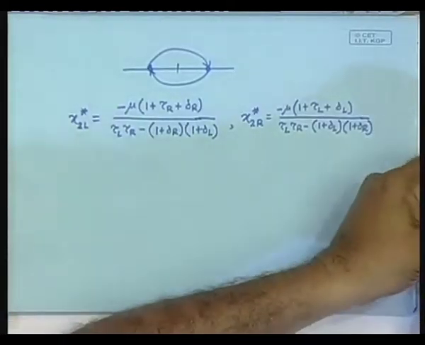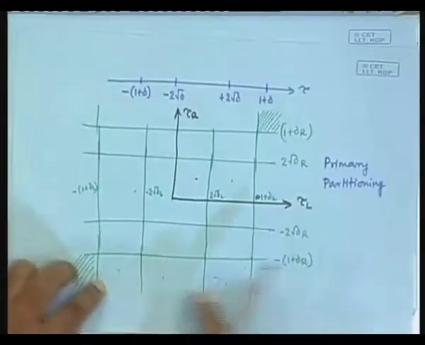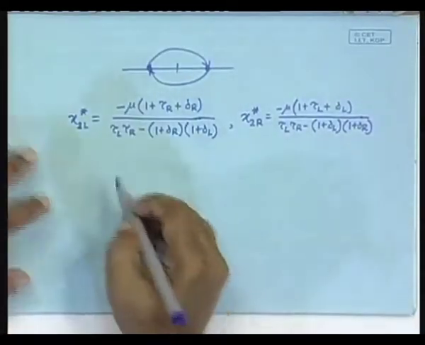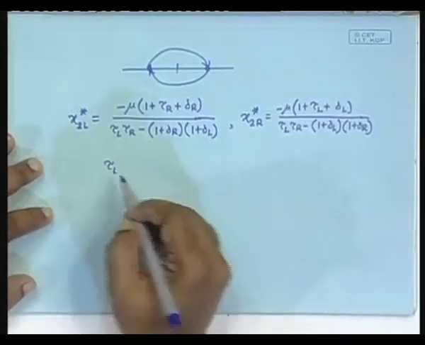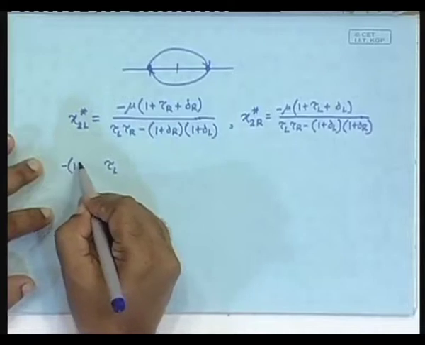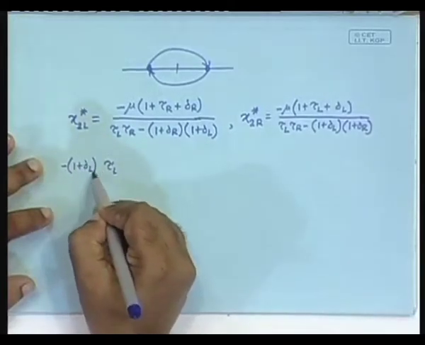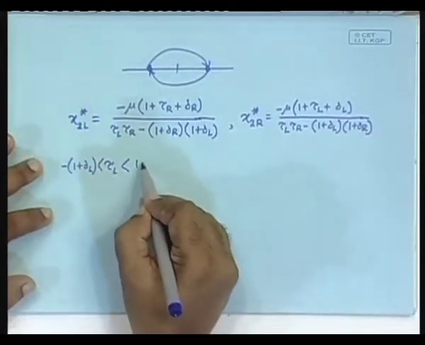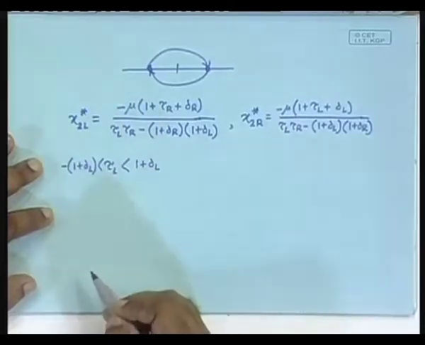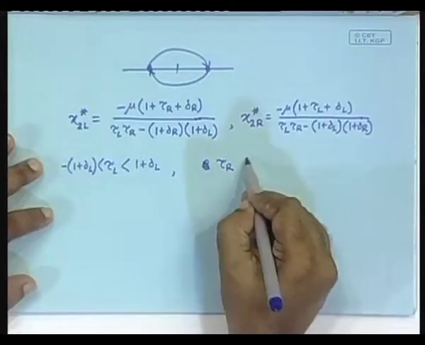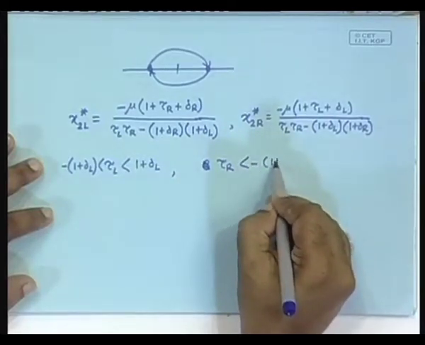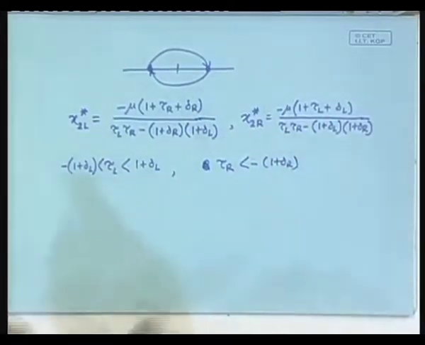I am considering the situation here, which means my tau L is between minus 1 plus delta L to, and tau r is less than minus. On this basis, take your decision.